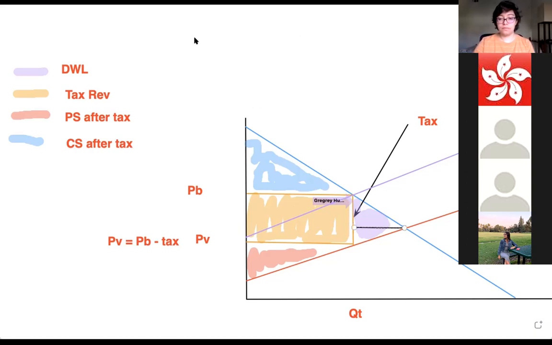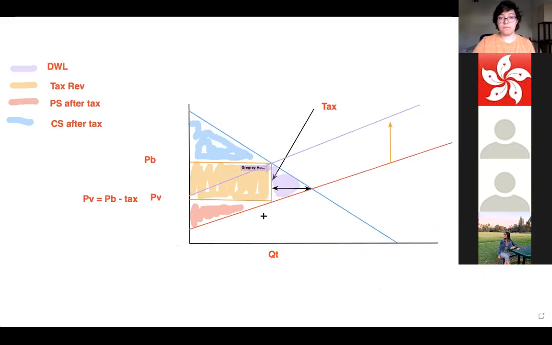And maybe it's better if I draw it as a double arrow. It's this distance right here. That's the altitude of the triangle. Do you see, Beverly? Yes. And so if we look carefully, that altitude is the difference between our original equilibrium quantity here, right?